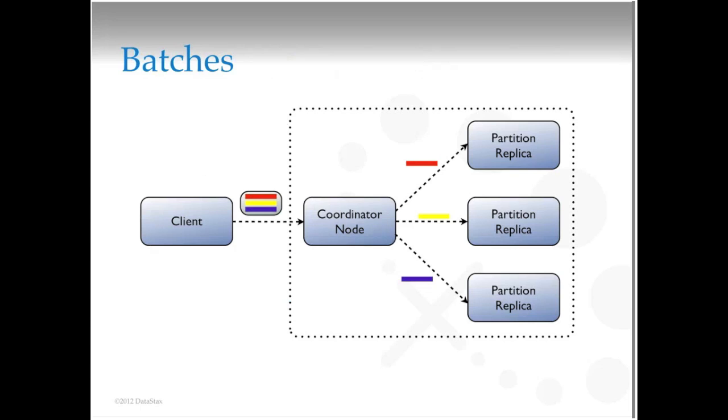So what we're doing is we're taking the concept of Cassandra batches that we've had for forever, and we're making them another level more robust by adding support for atomic batches. So as review, Cassandra batches are sort of the analog to a transaction in Cassandra.